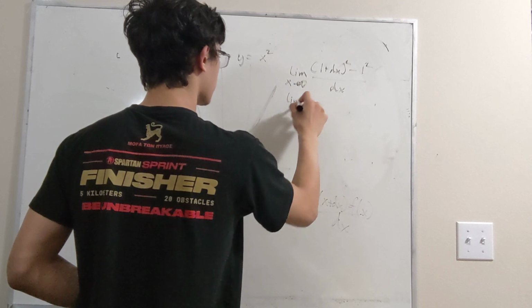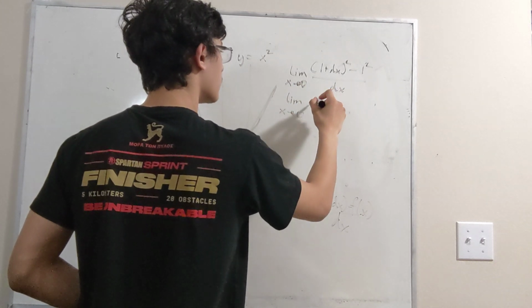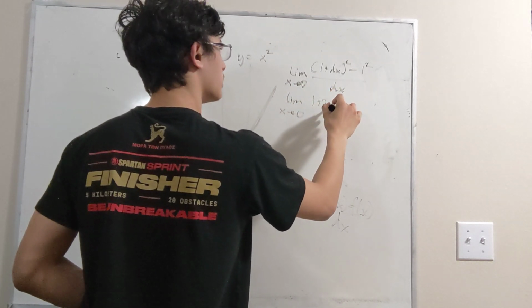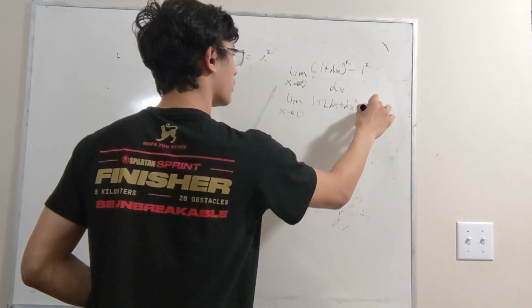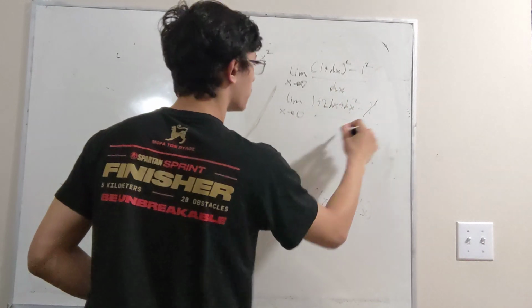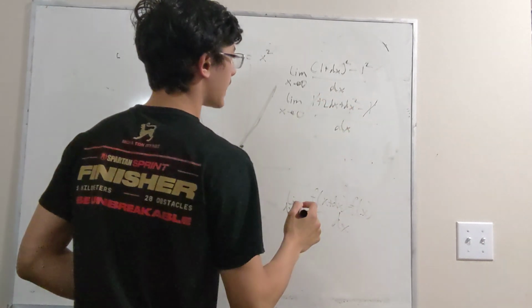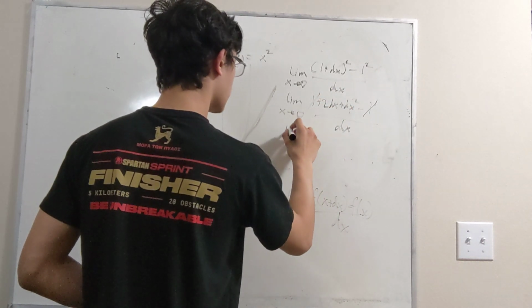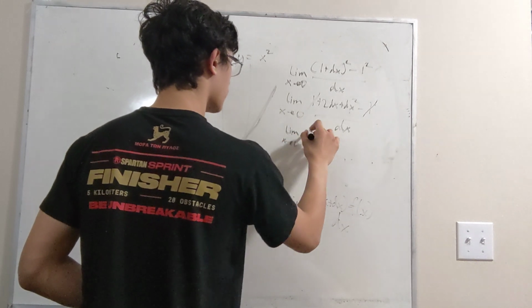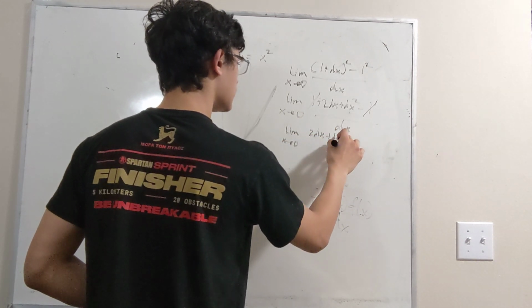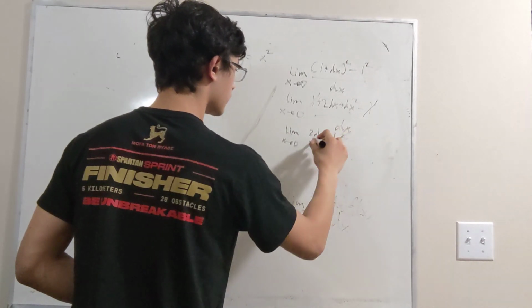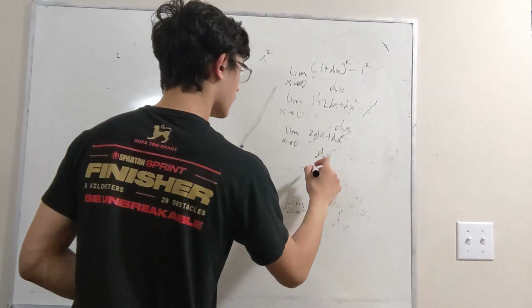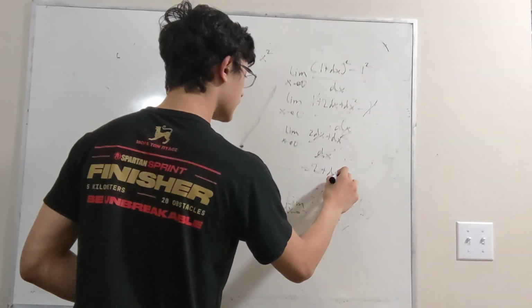This equals limit as dx tends to 0 of 1 plus 2 dx plus dx squared minus 1, divided by dx. The 1's cancel, and we're left with 2 dx plus dx squared divided by dx. We can cancel dx from all of these, and we're left with 2 plus dx.